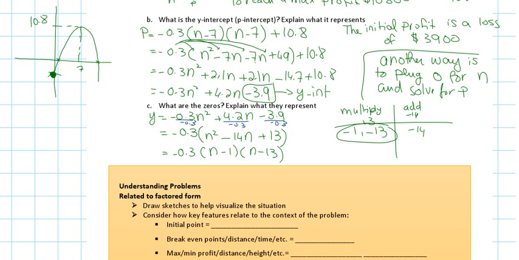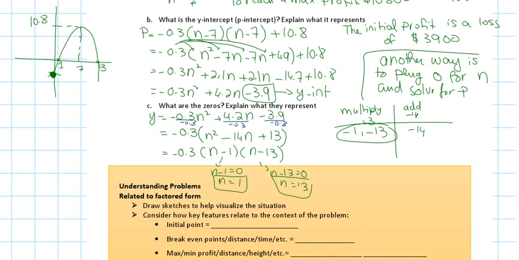So what's my break even? Sorry, what are my zeros? So I set this equal to 0. So this is 1, and this is 13. So how many chocolate bars do I need to sell so I make 0 profit?